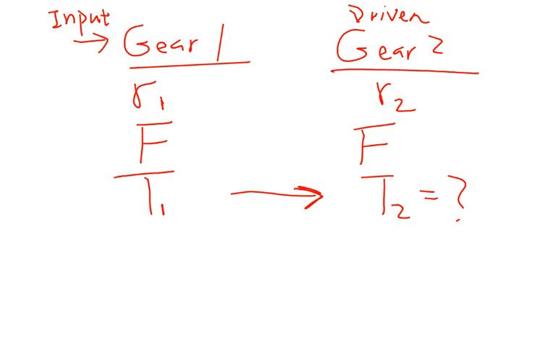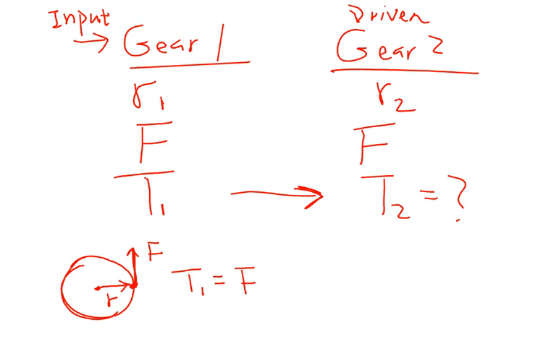Torque is a force times a distance, or force times a moment arm. In a gear, there's the force acting on the edge of the gear, and the moment arm is nothing more than the radius. So what is the torque in the first gear? It is F R1. The torque in the second gear is F R2. And we know that the forces are the same.